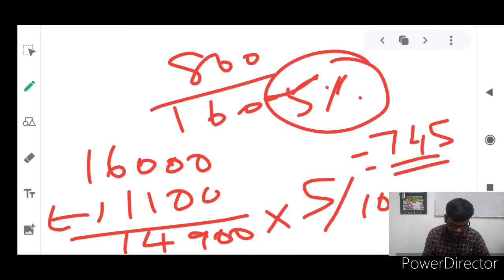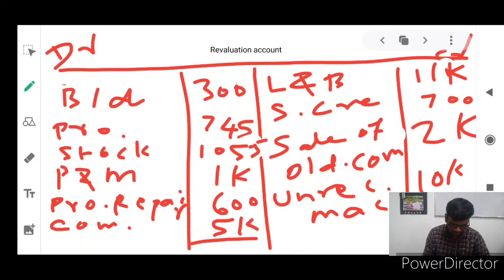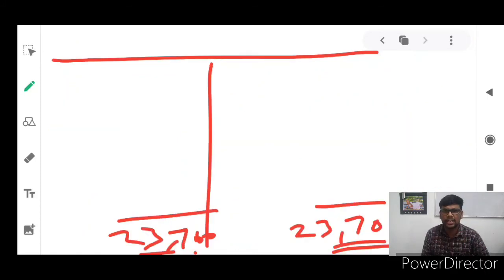At the same time, we are expecting 23,700 rupees on the debit side of the revaluation account. So all the debit side we are going to add now: 300, 745, 1,055, 1,000, 600 and 5,000. We add all the items available on the debit side of the revaluation account, which is 8,700 rupees collectively.